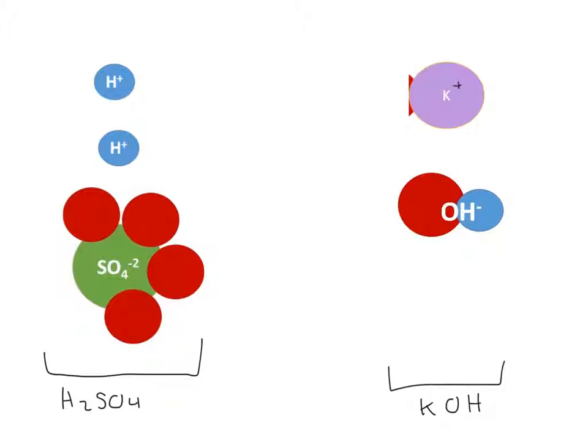Now, remember, the key thing is that in the molecule, the net charge needs to be 0. So for your net charge to be 0, when you add your positive charges to your negative charges, it gives you an answer of 0.